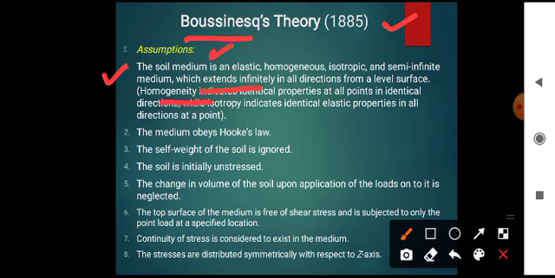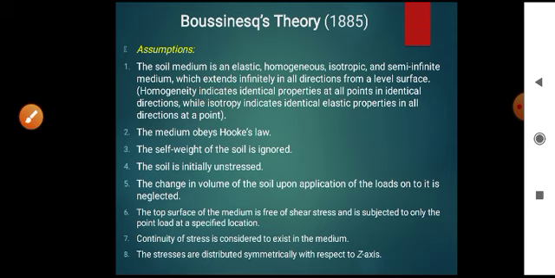Homogeneity means identical properties at all points in identical directions, while isotropy indicates identical elastic properties in all directions at a point.